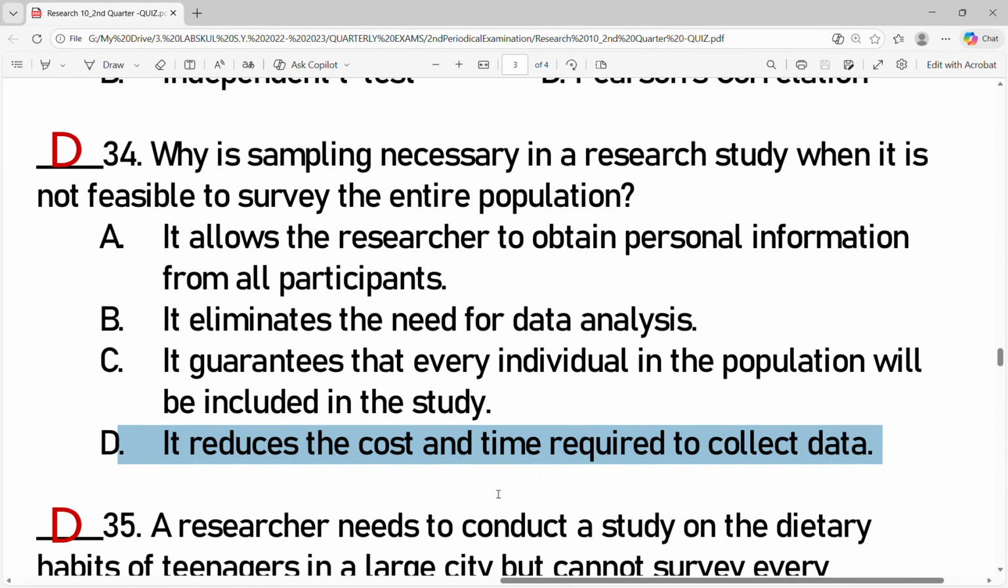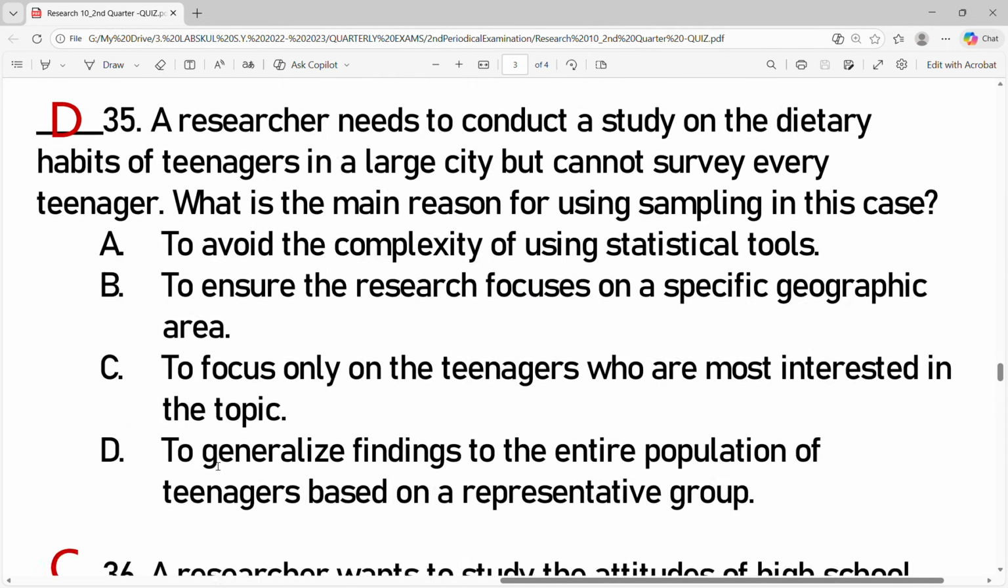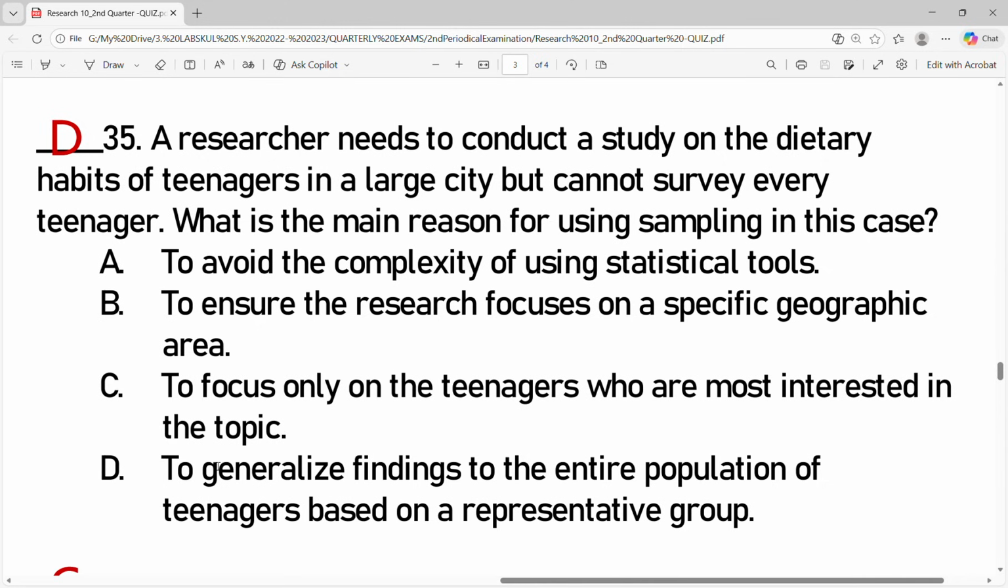Remember, if you survey the entire population, you will spend a lot and travel just to reach them. And it will really take much of your time considering that you're still grade 10 students and most of the time you are here in school from Mondays to Fridays, it would be difficult for you to survey the entire population. So the answer here is letter D.